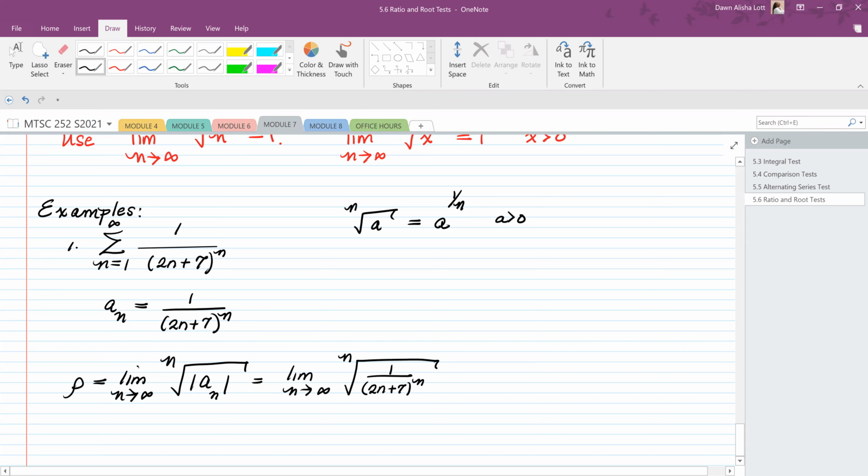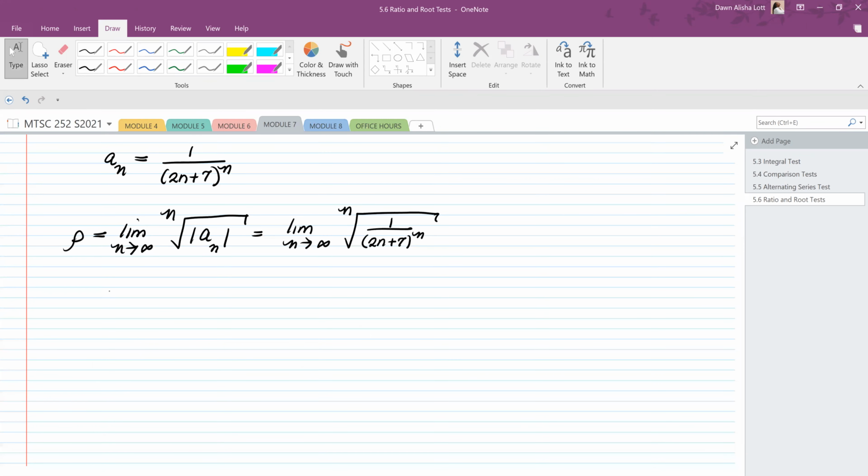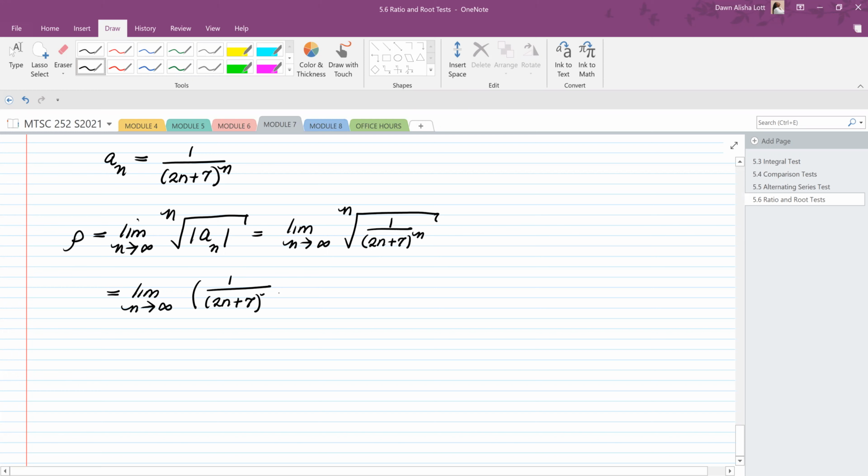Y'all should be able to see this already. So this is the limit as n approaches infinity. I'm going to drag it out. This is 1 over 2n plus 7 to the n raised to the 1 over n power, which is the limit as n approaches infinity of 1 over 2n plus 7.